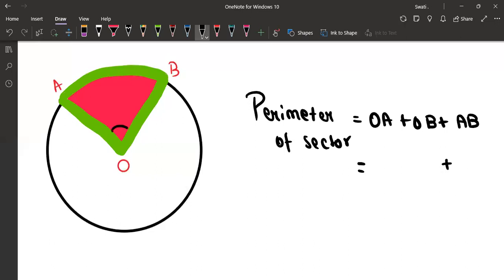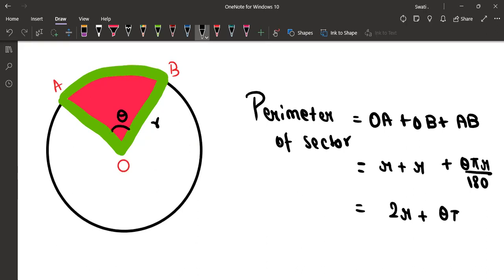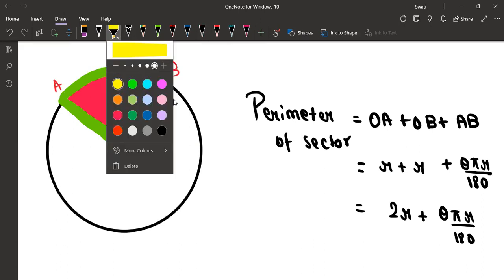If this is theta and this is r, it is going to be theta pi r over 180, right? And OA is r, OB is r. So the formula is r plus r, which is 2r, plus theta pi r over 180. So this is our perimeter of a sector formula, right?